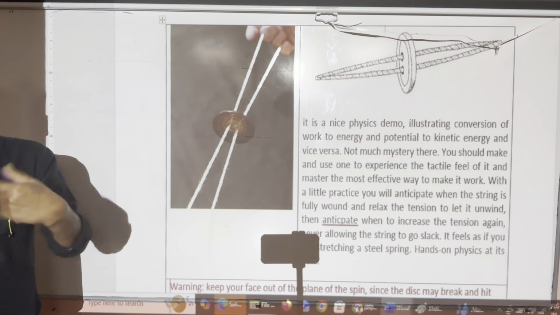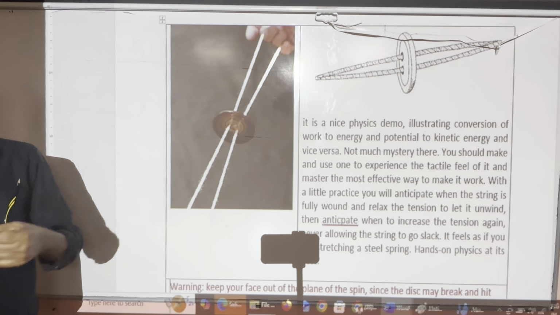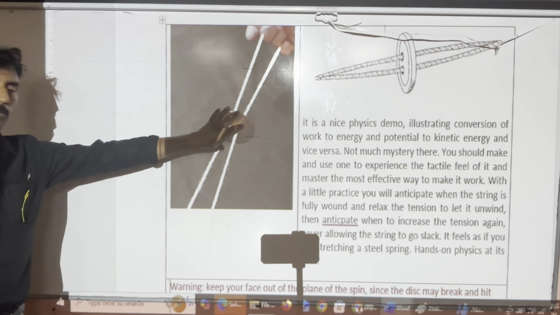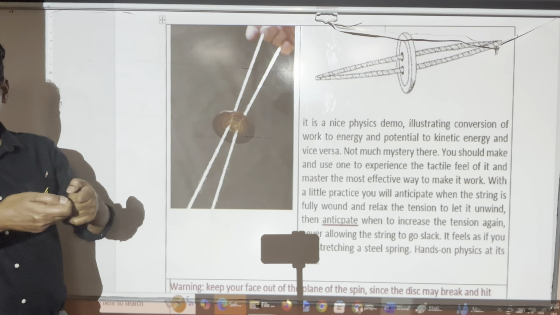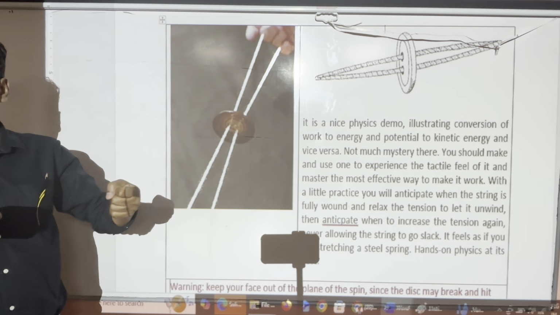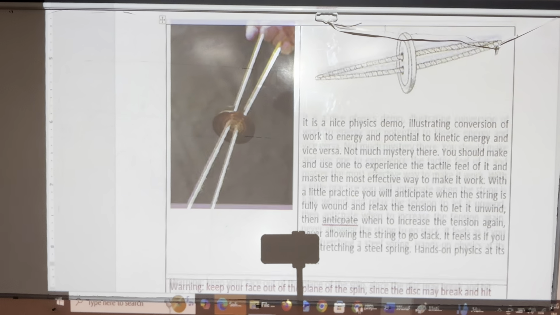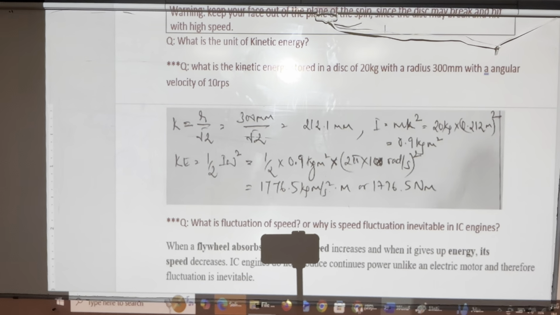Again you stretch it, it unwinds in the other direction, and it keeps going like a pendulum. It can't stop because you are applying these forces. This is almost like a flywheel, and if you have bigger and bigger discs, you will feel more resistance to stretch it and also to release it. This is the effect of the flywheel. It stores energy.